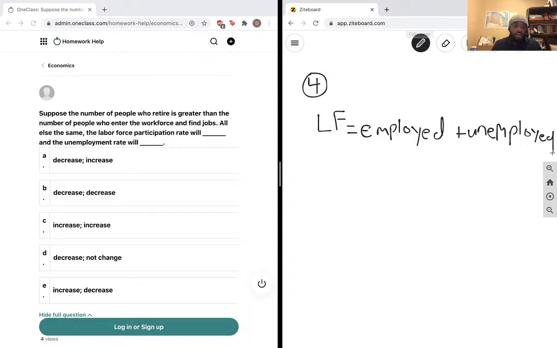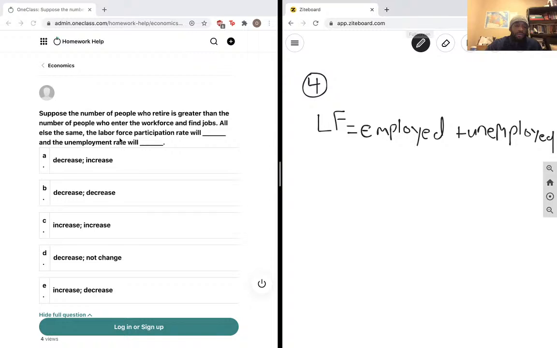And our question is asking if the number of people who retire, which is basically you're leaving the labor force, is greater than the number of people who enter the labor force and find jobs. So they not only enter the labor force, but they're also employed.